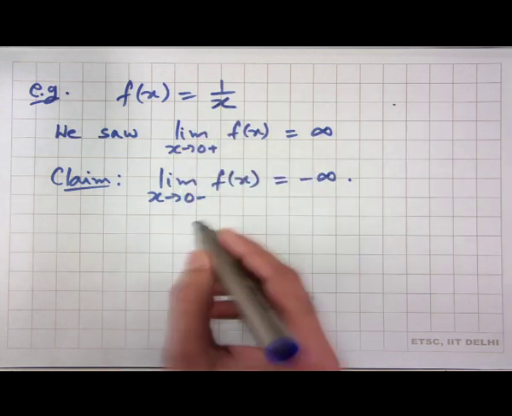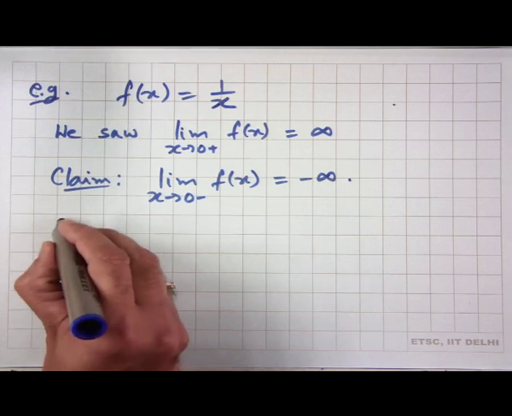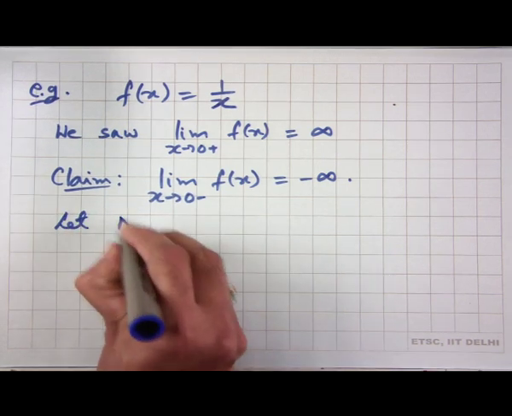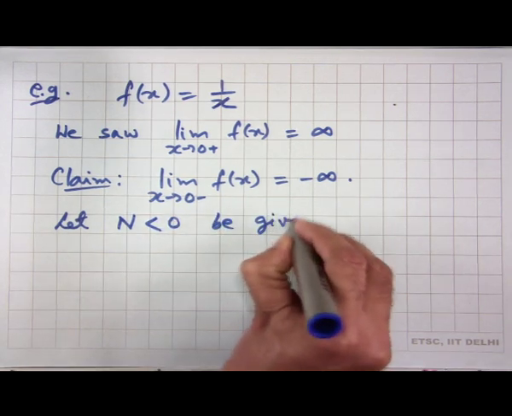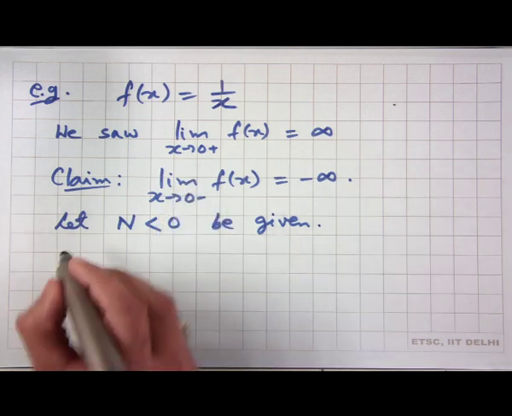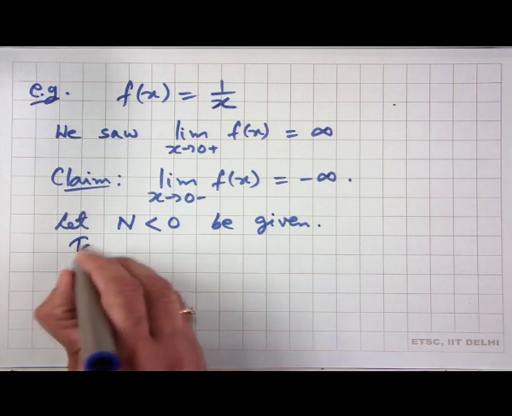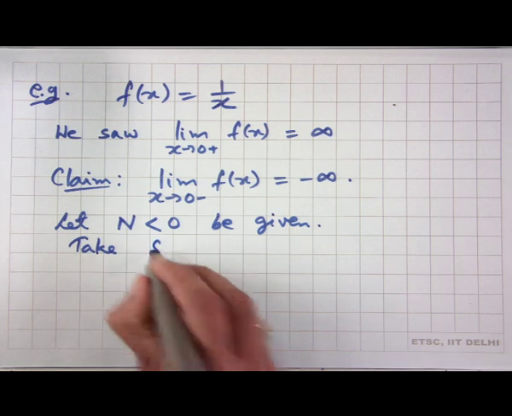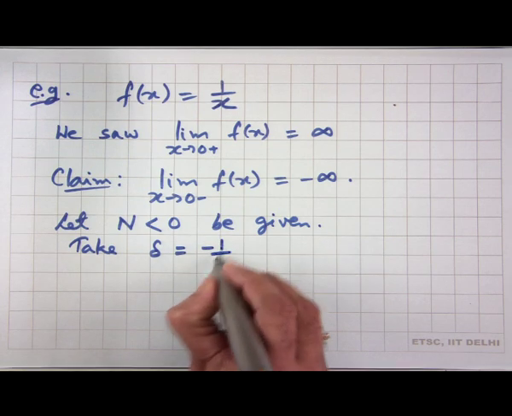But rigorously, if we want to prove it, let n less than 0 be given, then you have to find delta. So, let me write quickly, take delta to be equal to minus 1 by n.